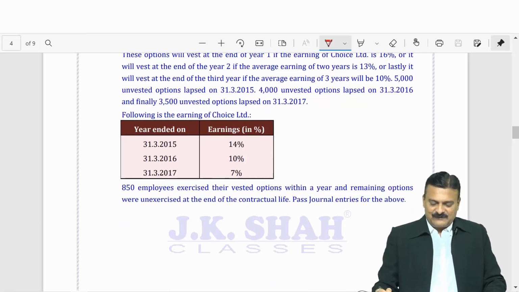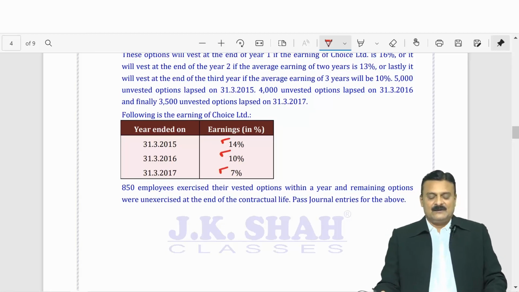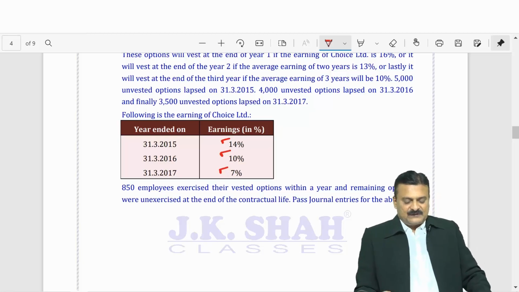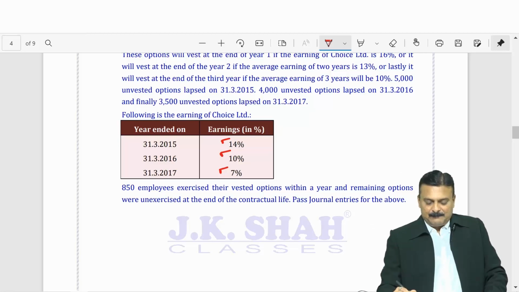Following is the earning of Choice Limited for 31st March 15, 16 and 17. The percentage of earning is 14%, 10% and 7%. 850 employees exercise their vested options. 850 employees, per employee 100.